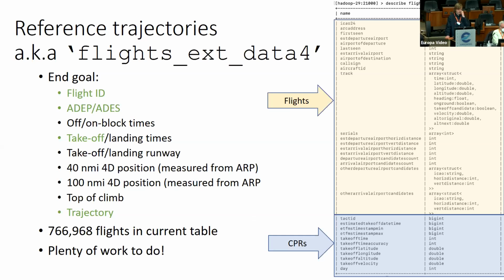In the end, the goal of this work is to get a data set that has the information about the flight as listed here: the flight ID, departure and arrival airports, off and on block times. For those of you who do not know what off and on block time means, I was one of those when we started this work.